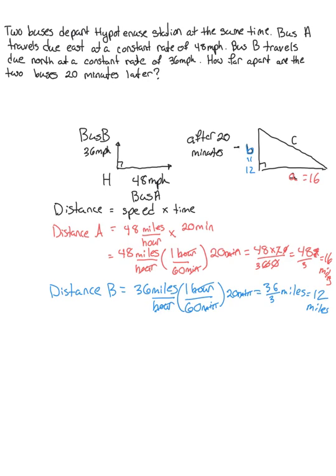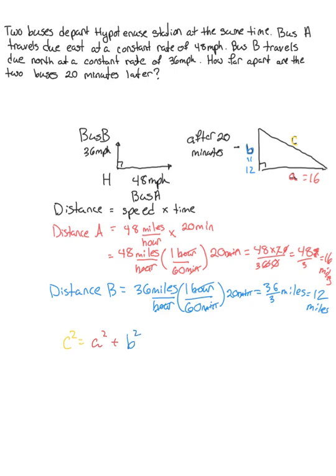And just for some color, let's make C yellow. Okay, so now we want to solve for C. C squared is equal to A squared plus B squared.